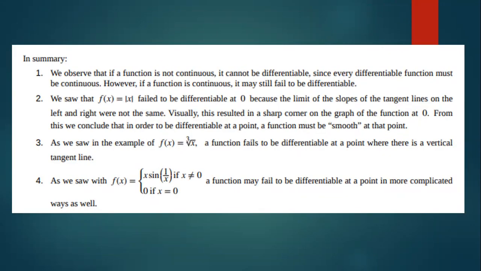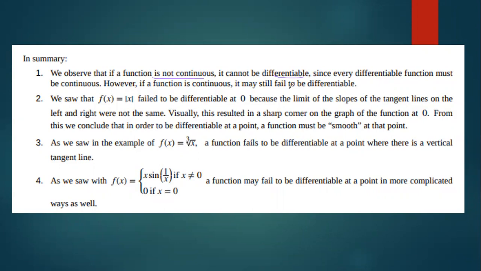Moving towards the example, we have to discuss the summary. We observe that if a function is not continuous, it cannot be differentiable. As I described earlier, for a continuous system, it must have a value, and this value will be written as a continuous function. So if it does not differentiate, my function will not be continuous.